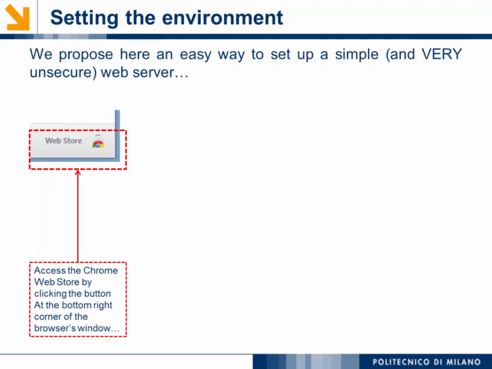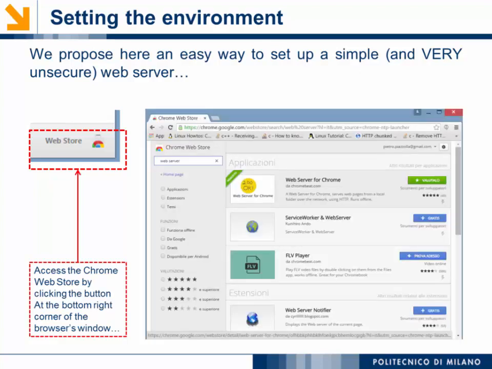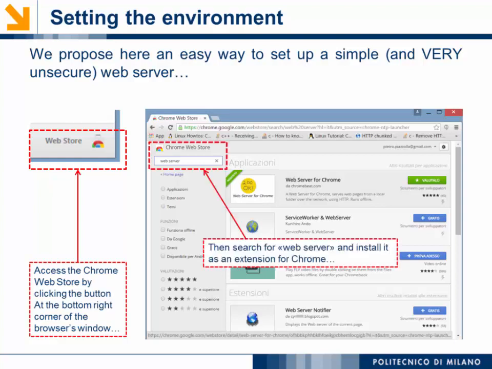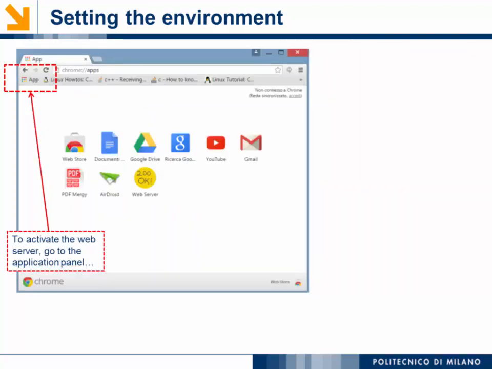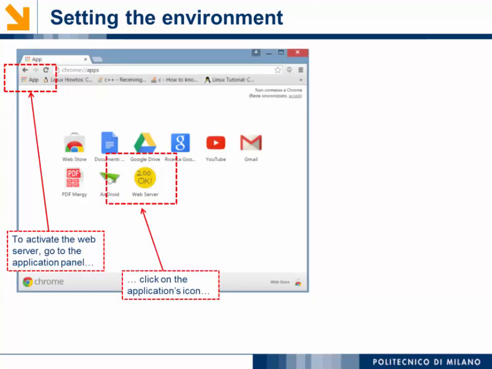But otherwise, if you go on the web store of Chrome, there is this web server for Chrome, with a very original name, that you can add as a plugin to your browser and use it. Search for it, add it, etc.